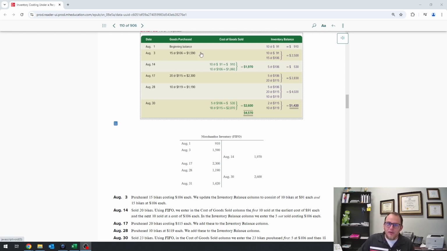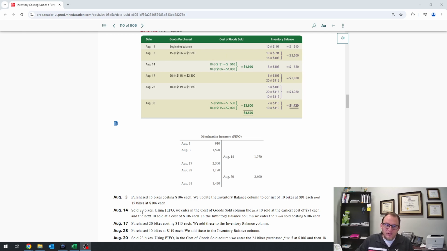So you can see up here we have $1,590 of additional inventory that was purchased. And so our total cost of goods available for sale is $2,500 because we had 10 units at $91 a piece and 15 units at $106 a piece.